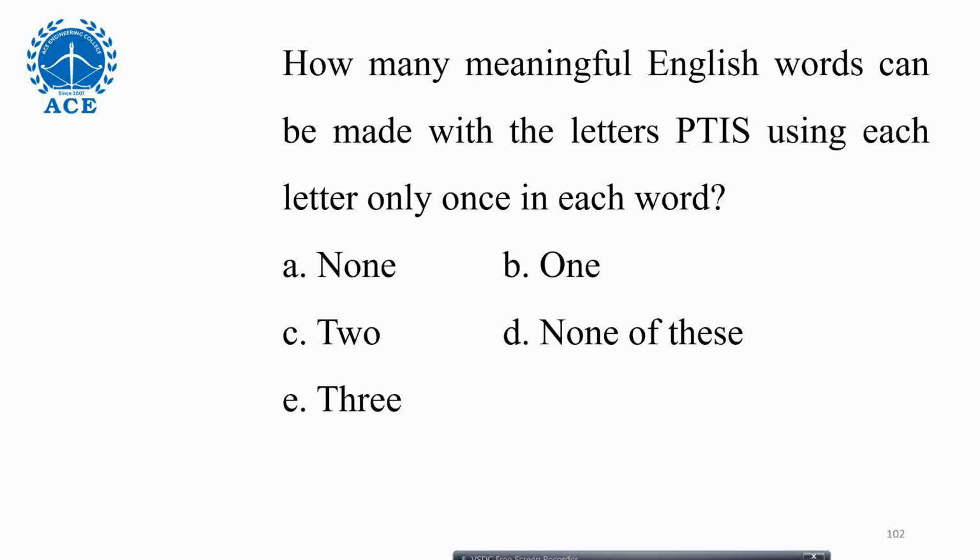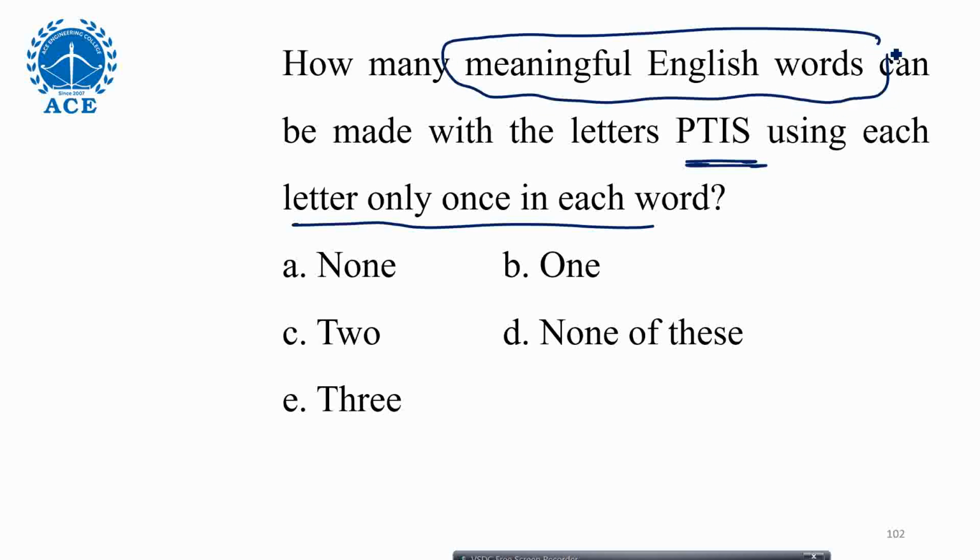Now this question, listen. You need some verbal coming into the picture here. Using these letters only once. This is purely related to verbal. How many meaningful English words can be created? Tips. Okay. Split, no. Pits, P-I-T-S. Okay.